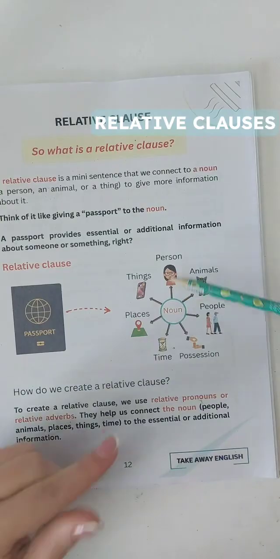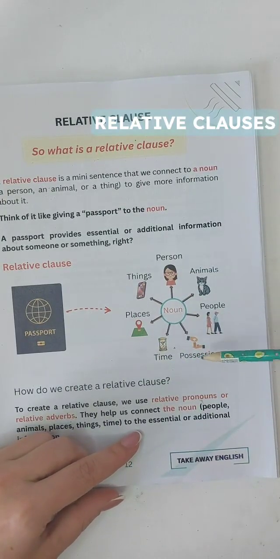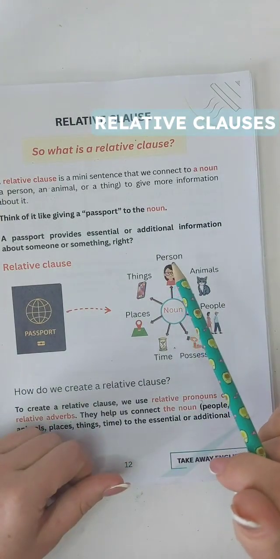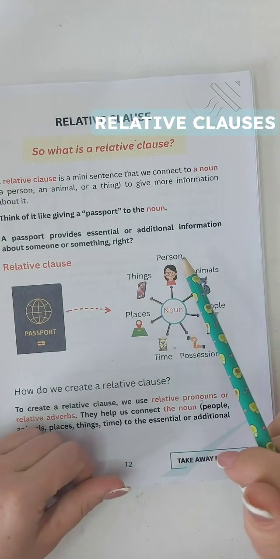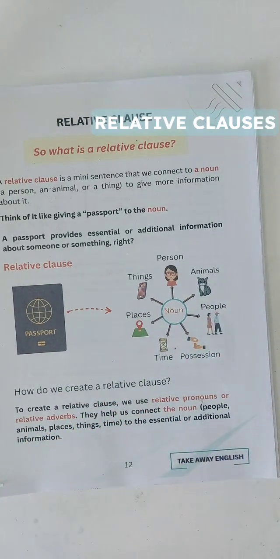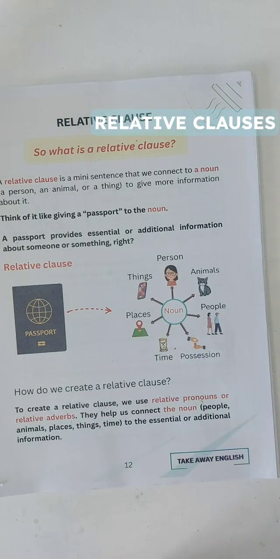A noun could be a person, thing, place, time, position, people, animals. We talked about pronouns as well. What are pronouns? What are verbs?